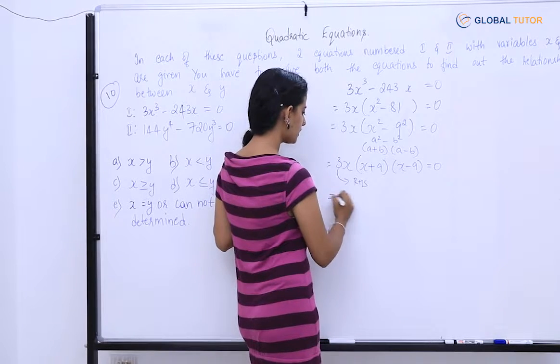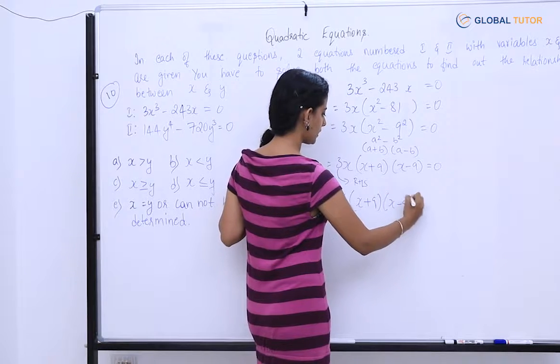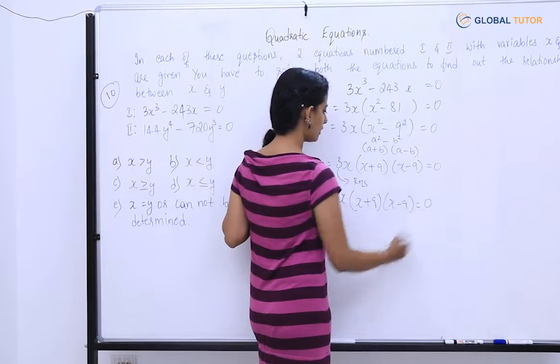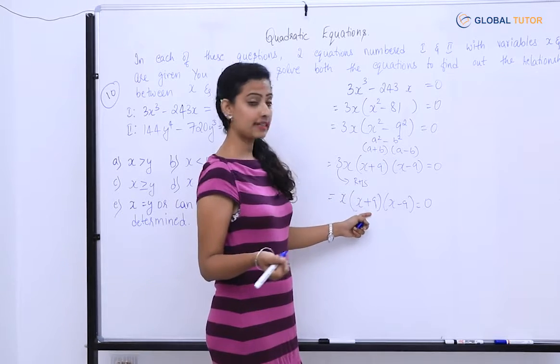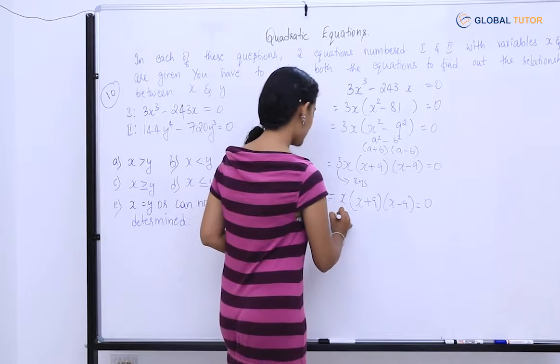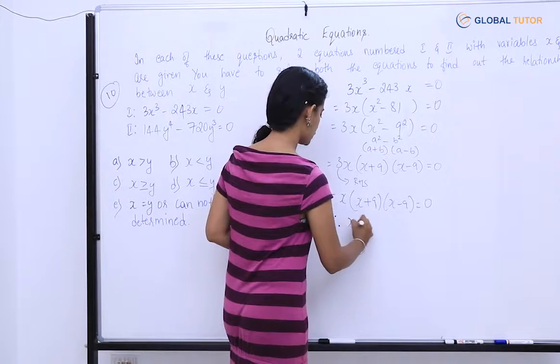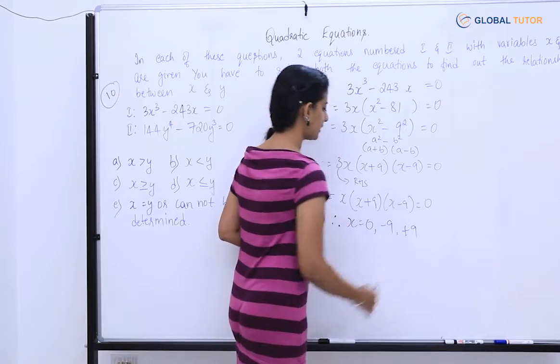So x into x plus 9 into x minus 9 is equal to 0, which means x is equal to 0 or x plus 9 is equal to 0 or x minus 9 is equal to 0. Therefore, x has 3 values in this equation, which is 0, minus 9 and plus 9.